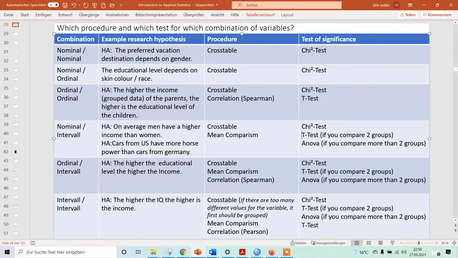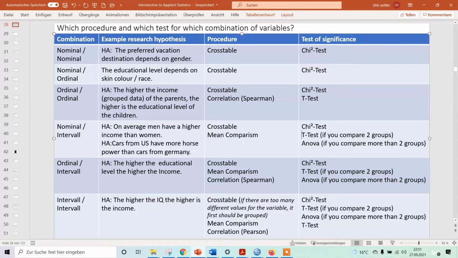But if we have too many different values, then that would be a very big cross table, and that would be more confusing than helping to create information from the data. So here I have two examples. On average, men have a higher income than women, or cars from the US have more horsepower than cars from Germany. So you can create a cross table, but that does not always make sense.